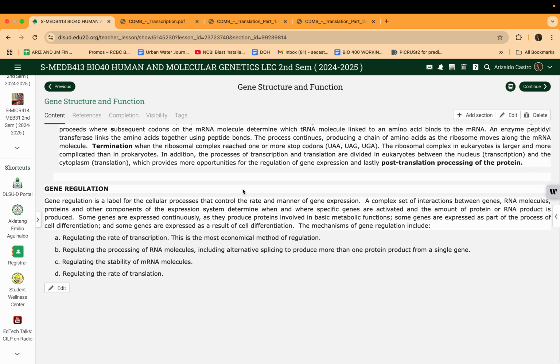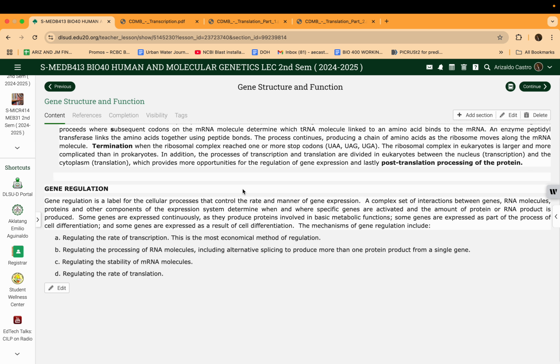It will allow for modifications of the product as needed, and production of different homologs of the same protein.